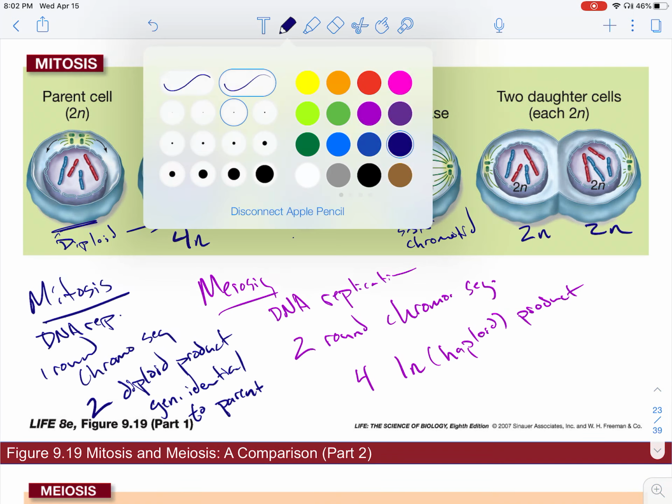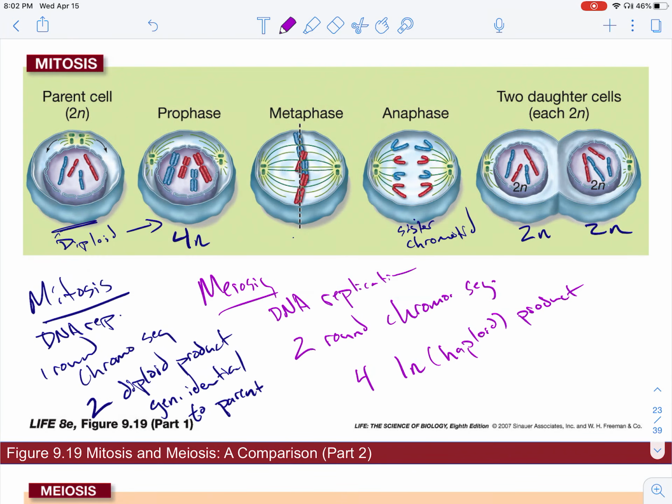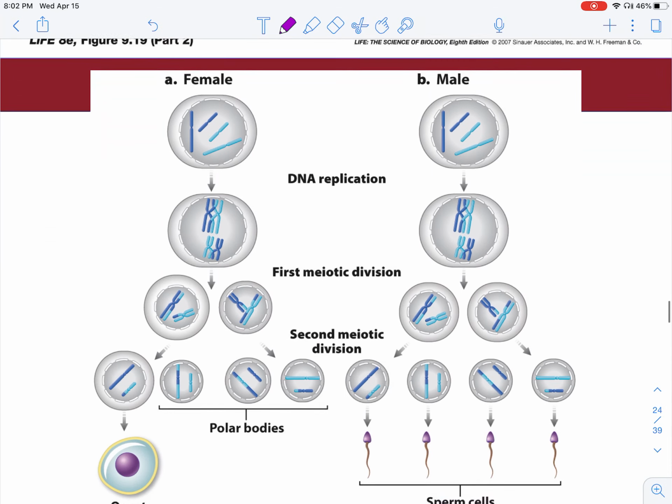Oh, and let me just, in purple here, say these are genetically different than the parent. All right, so those are the differences between those two.